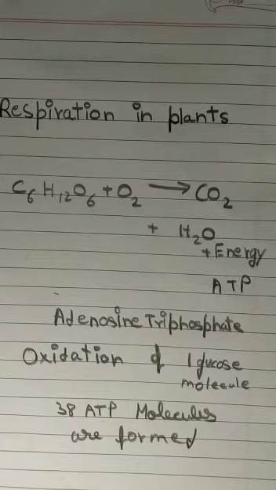Now next, the ATP molecules that are stored in the cells can be broken down at any time to release energy for various metabolic activities. You know that plants also do metabolic activities, like the growth of a flower or the growth of any fruit.